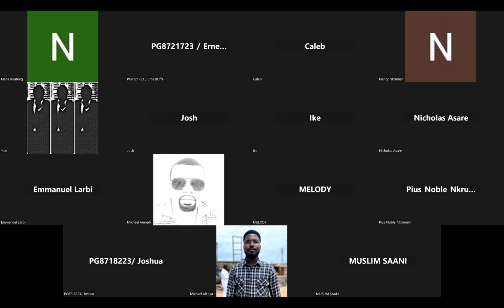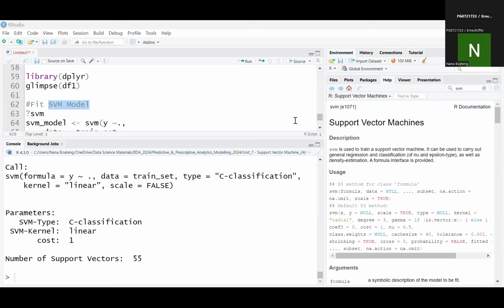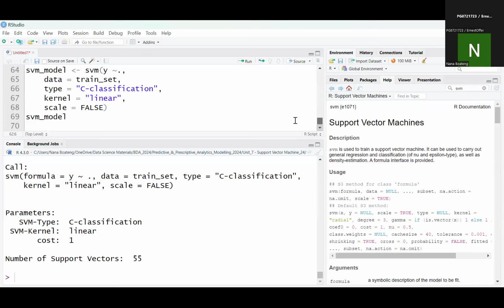Right. So the main idea is to reduce the number of support vectors. Hello, Nana. Yes. Please, can you explain the 55? The 55 is the number of support vectors.